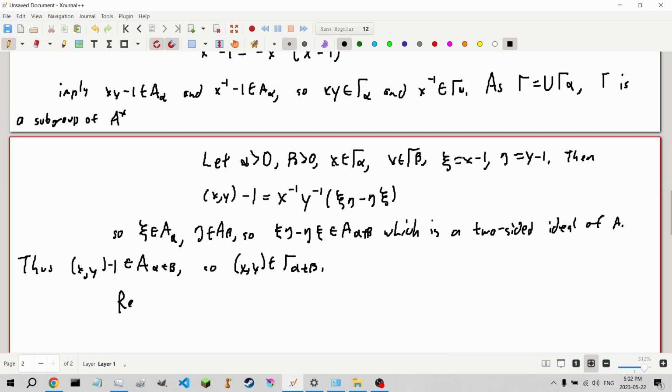Alright, now, remark. Let alpha and beta be non-negative, x be in gamma alpha, y be in gamma beta.